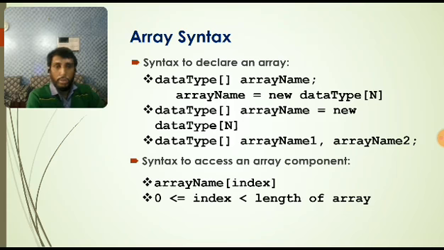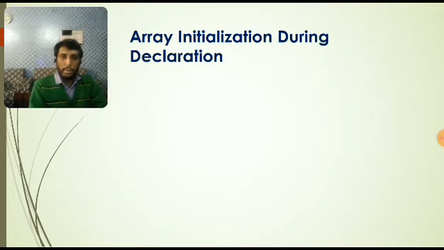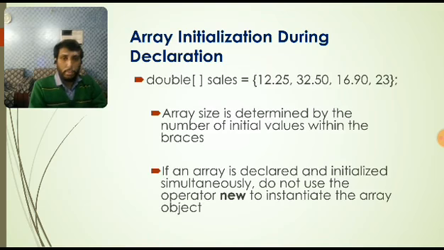Okay, so now 0 less than or equal to index less than or equal to length of array. So this is the index, this is the syntax. Array initialization during declaration. So how can an array be initialized during declaration? Let's look at double.